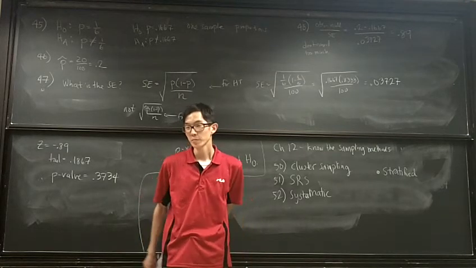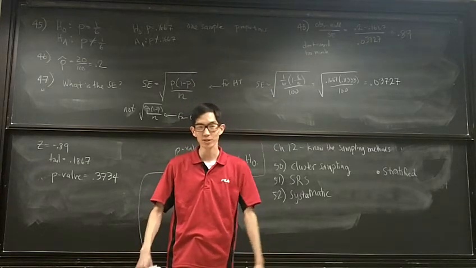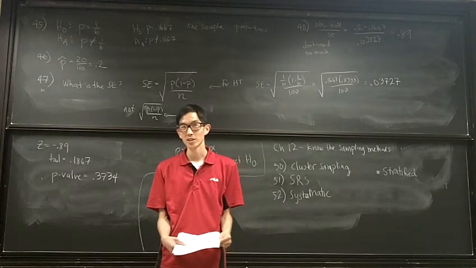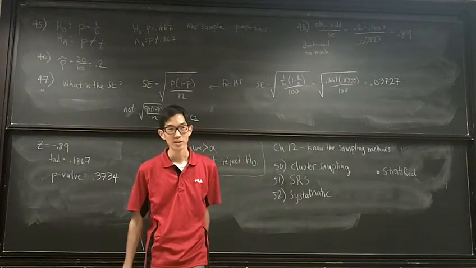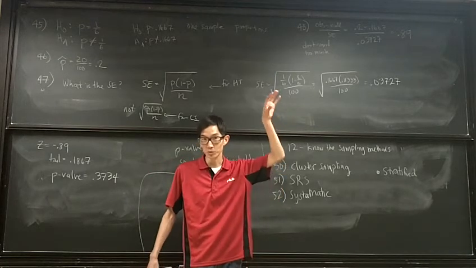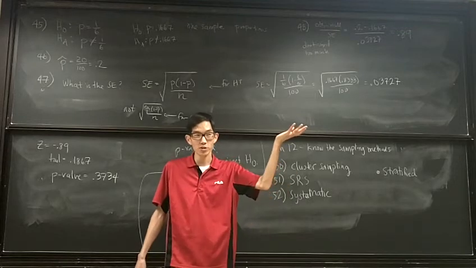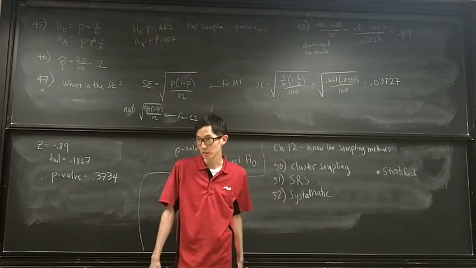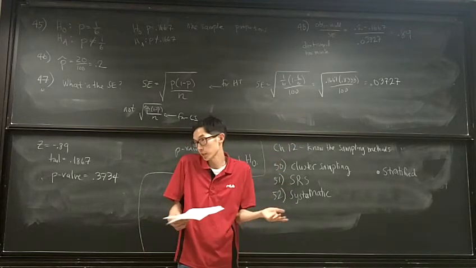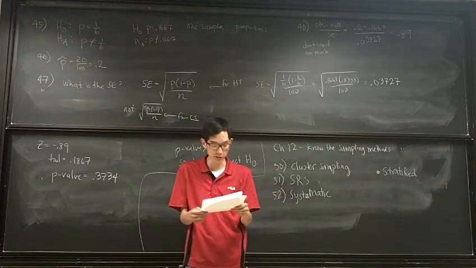You say, okay, Major League Baseball knows that 30% of their players are Latino or something, and you make sure that when you pick your sample, your sample has 30% Latino, okay? Or something like that. You just make sure the proportions in the population match the proportions in the sample.